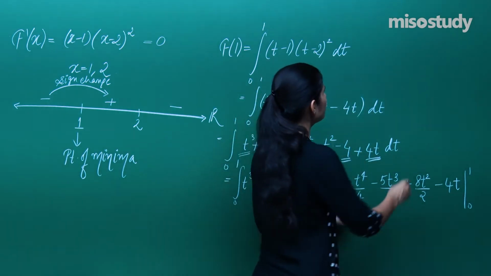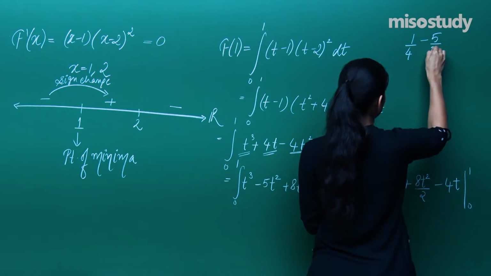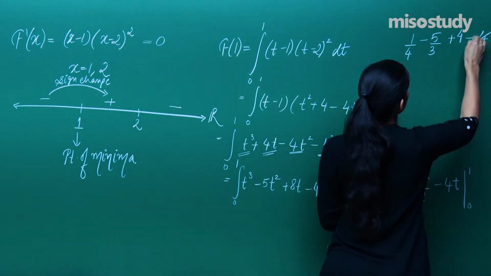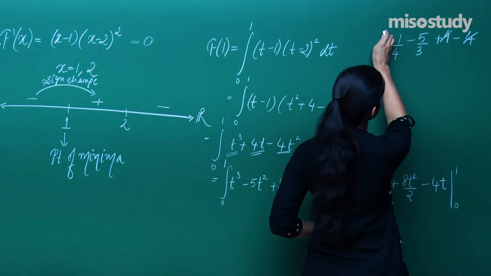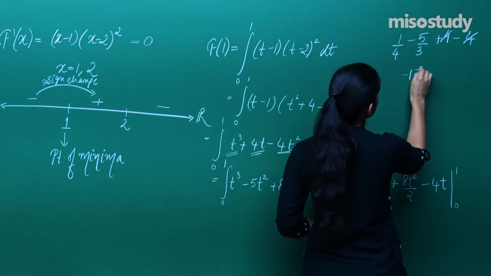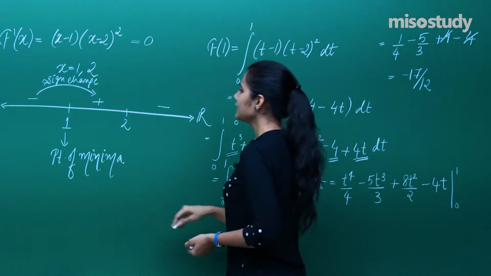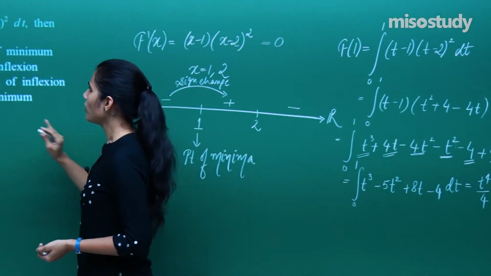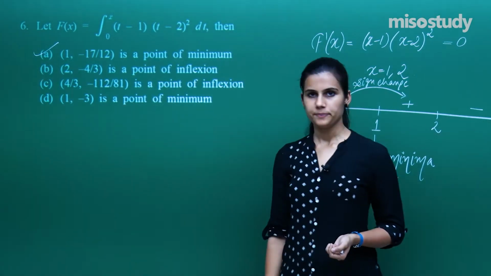So you get 1 by 4 minus 5 by 3 plus 4 minus 4. So you get what? This is 3 minus 20, so it is minus 17 by 12. So you have at 1, the function's value is minus 17 by 12. So (1, minus 17 by 12) is a point of minima.